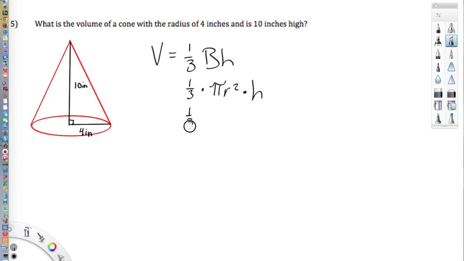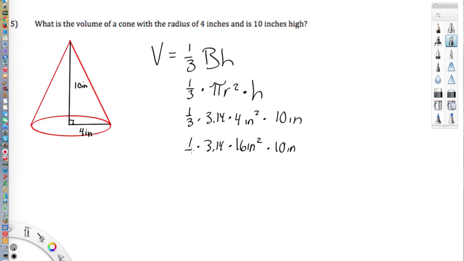Okay, so I take 1/3 times 3.14 approximately times the radius, which is 4 inches, and I have to square that, times the height, which is 10 inches. Okay, the first thing is I have to follow order of operations. 4 inches times 4 inches is going to be 16 inches squared. And multiply that by 3.14, and I also need to multiply that by 10 inches.